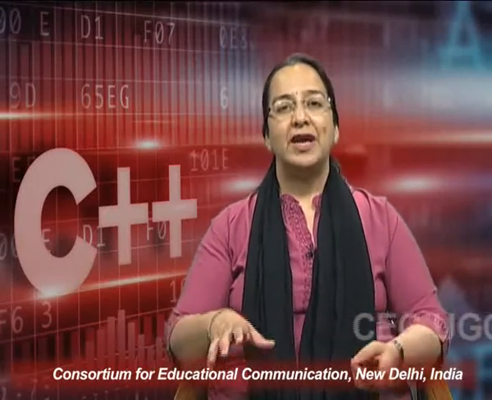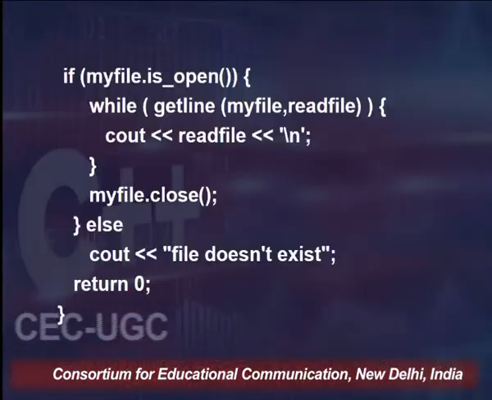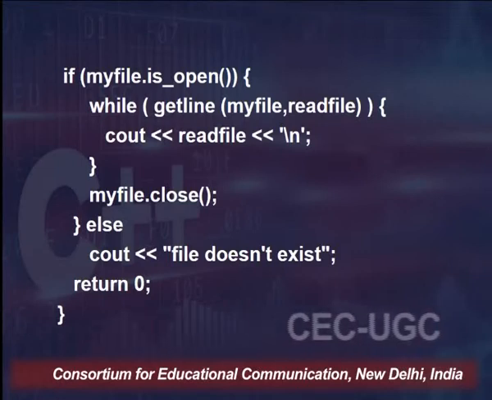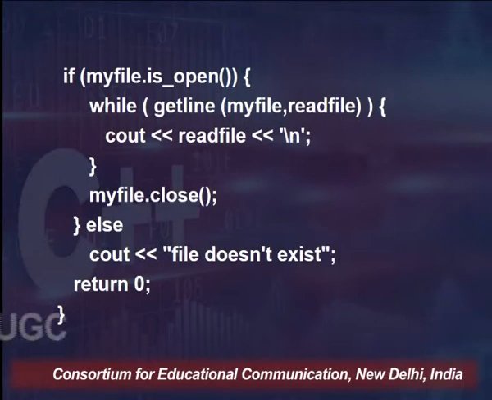So what is the agenda for this particular program? This is going to read the contents of the file which is associated with the myfile object, and then take it line by line, or one string at a time, and then print it onto the screen.